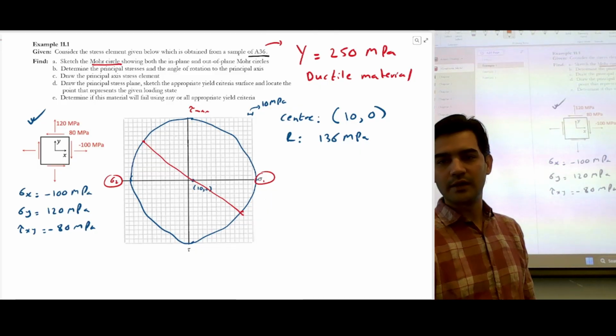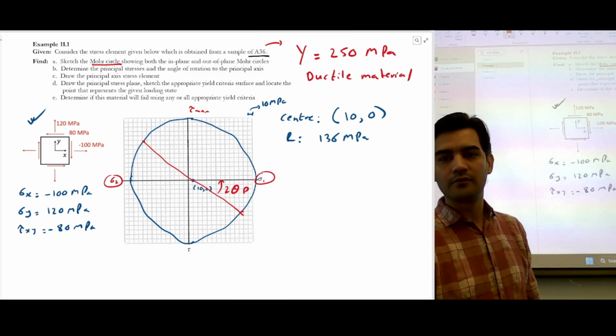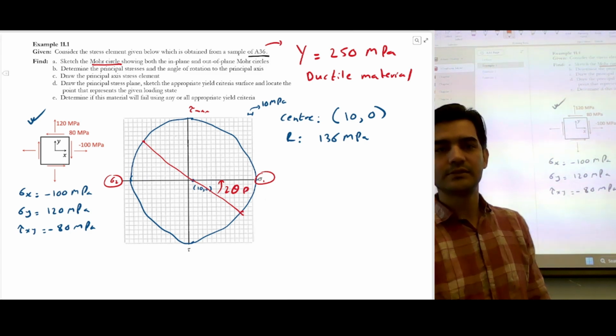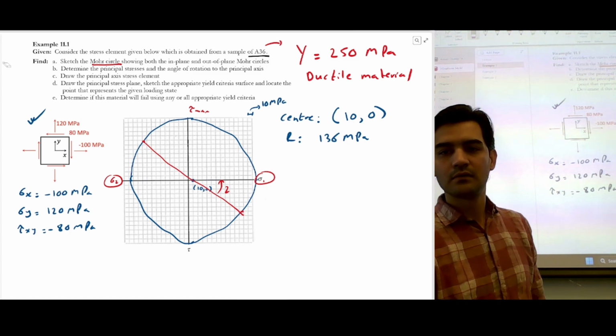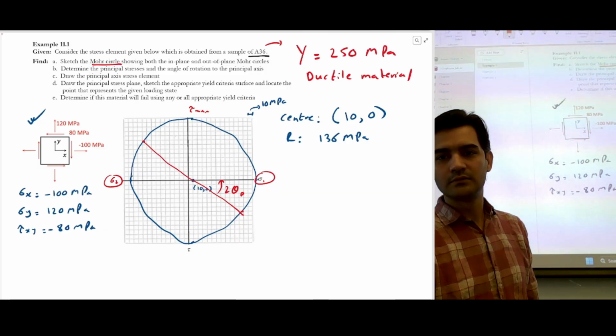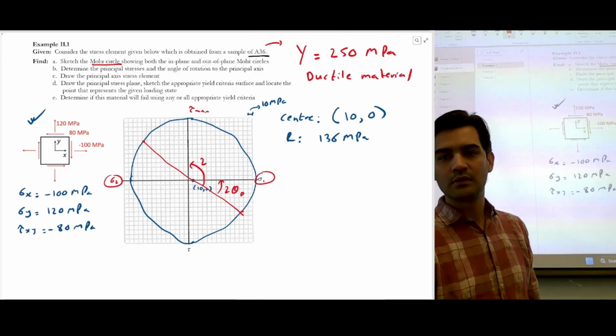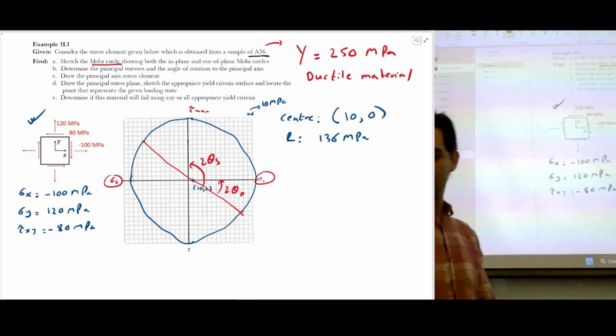You could also calculate the angle of rotation, theta p, which is this. And you could also calculate theta s, which is 2 theta s, which is this angle.